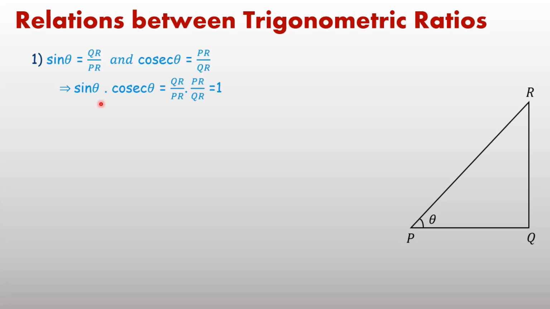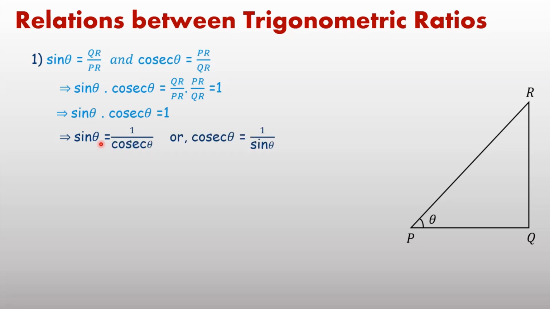Just find out the product of these two, sin theta into cosec theta, QR upon PR into PR upon QR, QR cancels out and PR cancels out, which is equal to 1. So sin theta into cosec theta equal to 1, which implies we can write sin theta as 1 upon cosec theta or cosec theta as 1 upon sin theta. It implies sin and cosec are reciprocal of each other. First relationship between sin and cosec is established here.